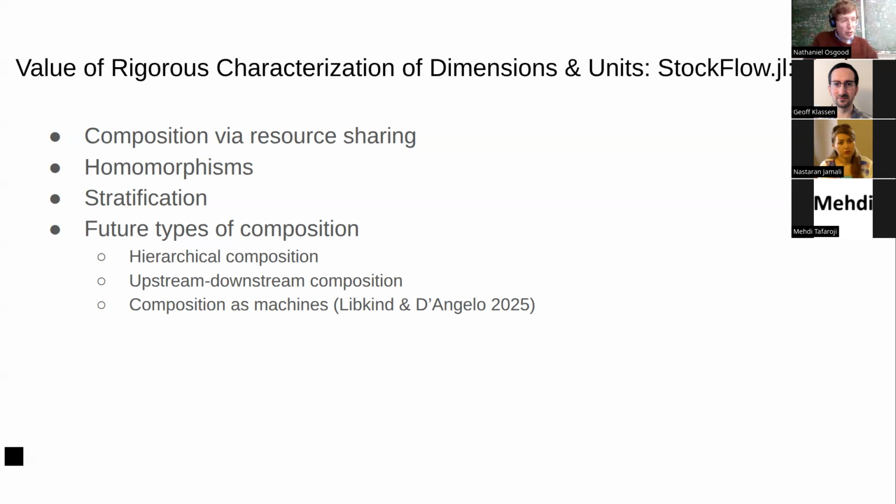Composing models in ways that are not silly, in ways that take into account the dimensional structure. This is powerful stuff. It's about being able to be a whole nother level more intelligent. And this is what I want. This is why I want to incorporate it within our stock and flow toolchain.